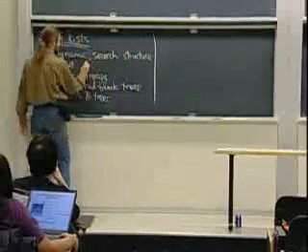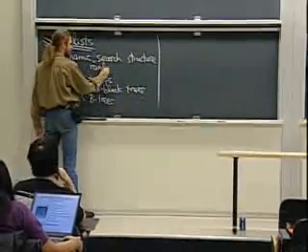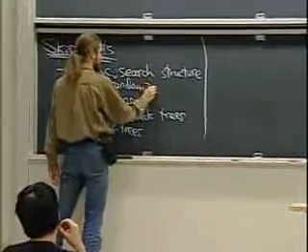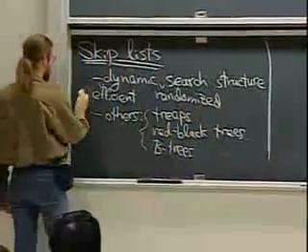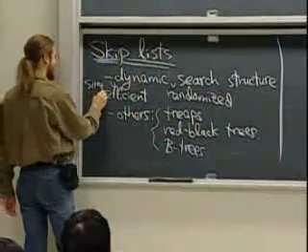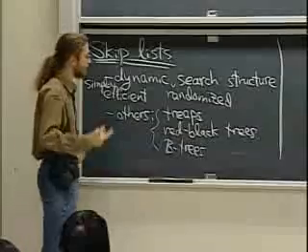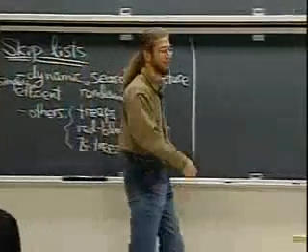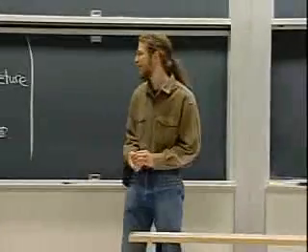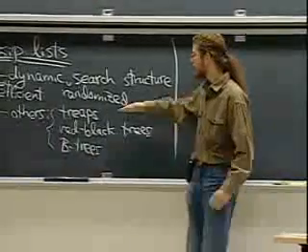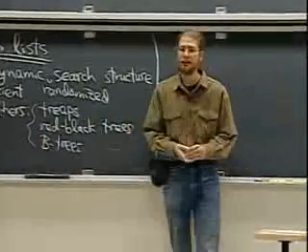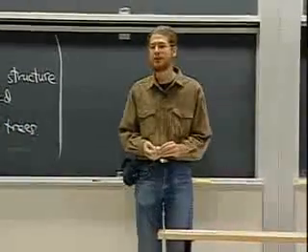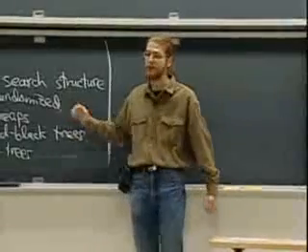Let's add in another adjective here. And let's also add in simple. Okay, really cluttered. So we have a simple, efficient, dynamic, randomized search structure. It's sort of like treaps in that the bound is only a randomized bound. But today we're going to see a much stronger bound than an expectation bound.